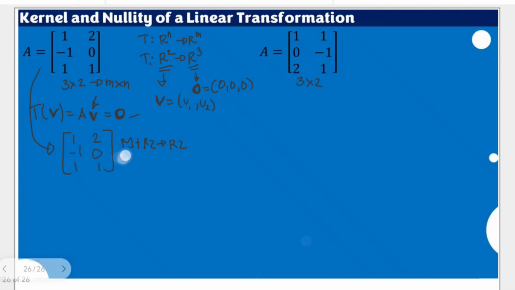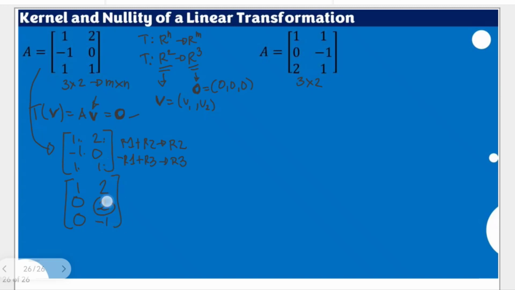Next, multiply negative 1 to row 1 plus row 3, make it a new row 3 to make this 0. So we have 1 and 2 as well. 1 plus negative 1 is 0. 2 plus 0 is 2. Negative 1 times 1 is negative 1 plus this, that's another 0. Negative 1 times 2 is negative 2 plus 1 is negative 1.